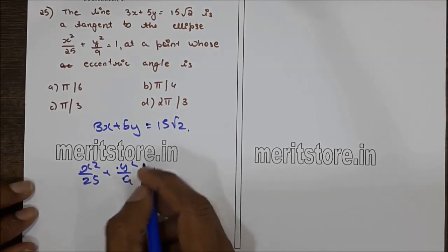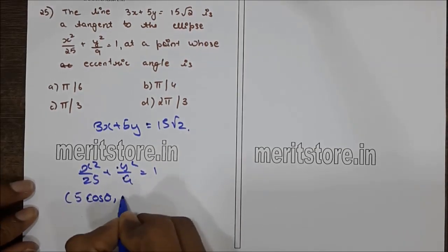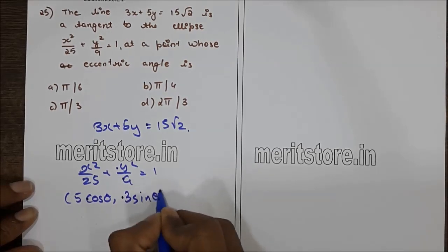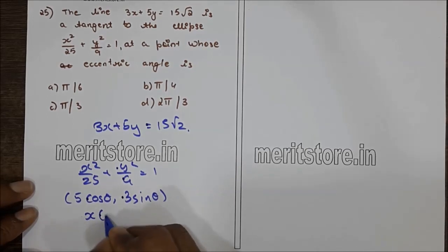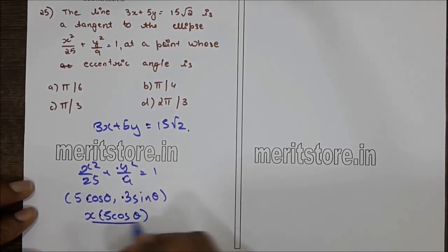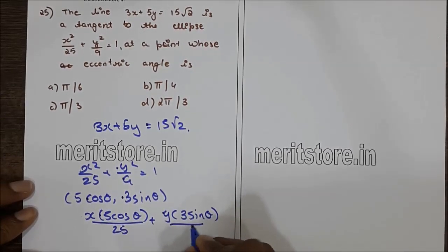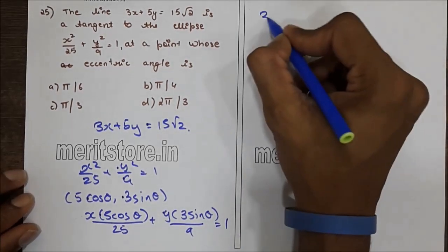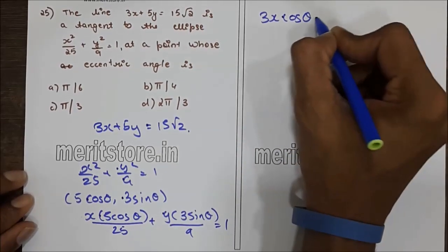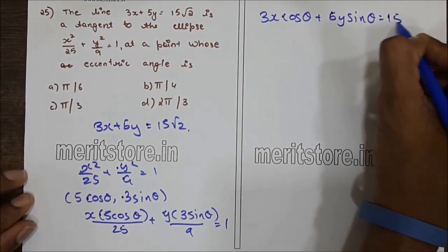Parametric coordinates of the ellipse are given as 5 cos theta comma 3 sin theta, and the equation of tangent can be written as x into 5 cos theta upon 25 plus y into 3 sin theta upon 9, which is equal to 1. Further solving this, we have 3x cos theta plus 5y sin theta equal to 15.